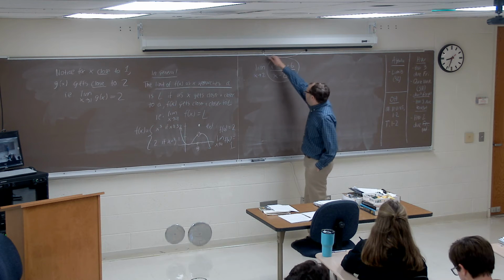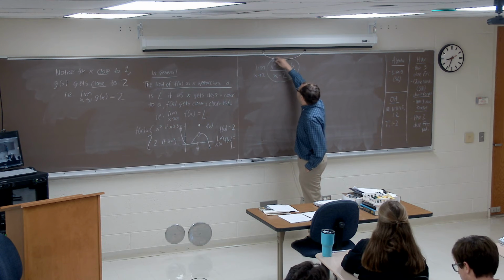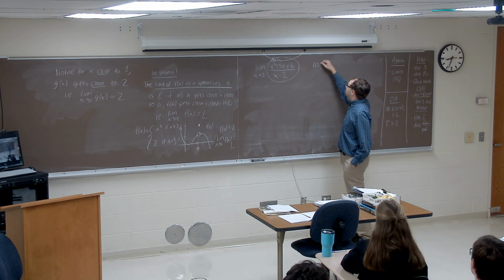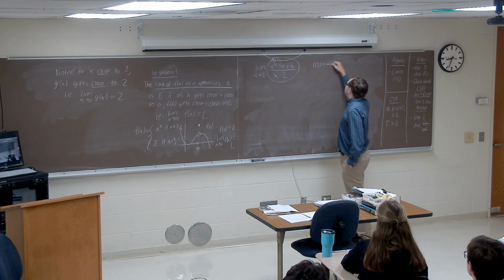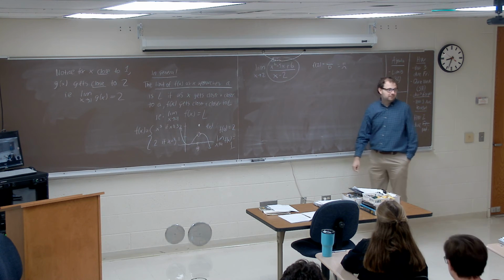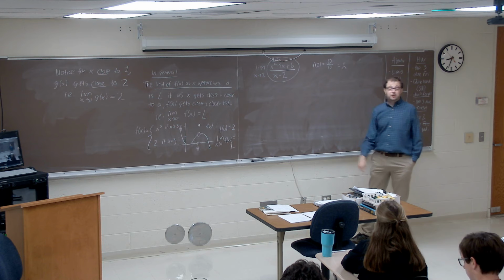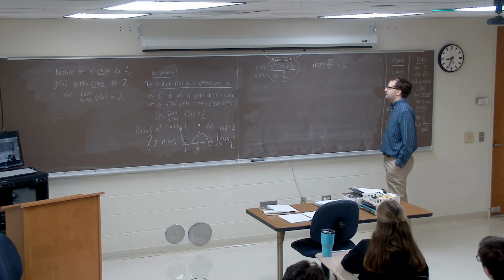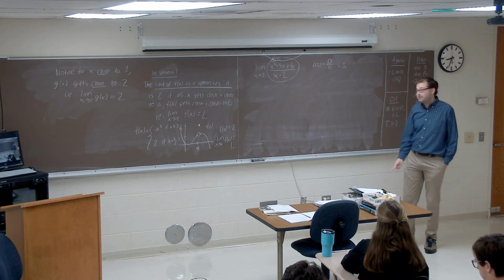Golly. Yeah, so if this is our f, let's call this f of x, just to make it easier to talk about. If we tried to plug in f of 2, we would get a 0 in the denominator, which is sad. We'd also get a 0 in the numerator, funny enough. We would get 4 minus 10 is negative 6 plus 6 is 0 as well.